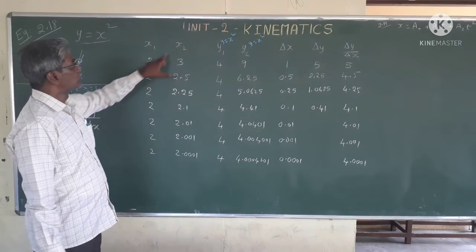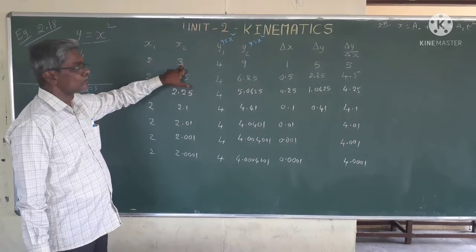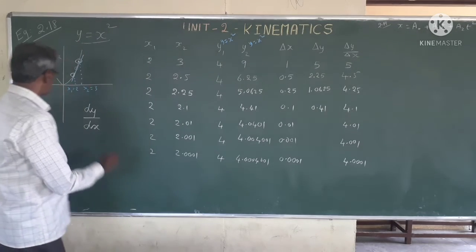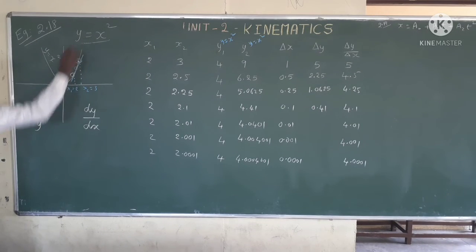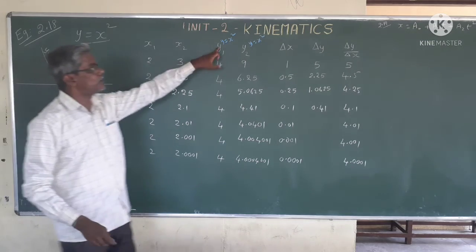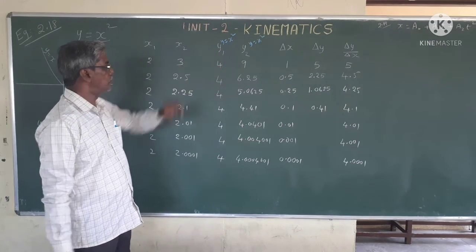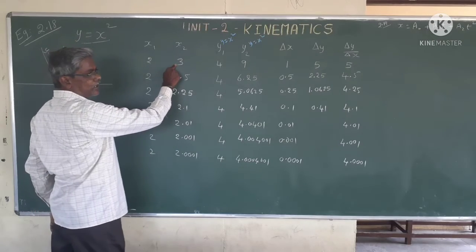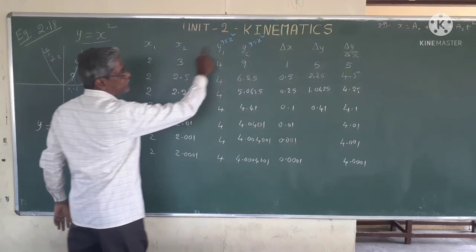x1 is equal to 2, x2 is equal to 3. How to find y1? We know the function y is equal to x square. What is the value of x1? 2. So 4, that is y1 is equal to 4. Now similarly x2 is equal to 3.